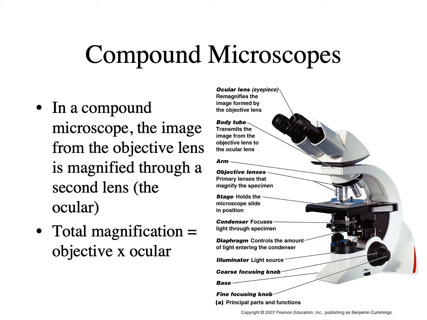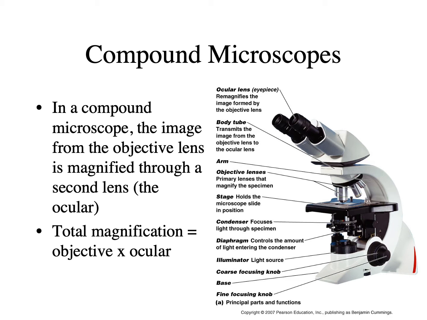Usually those are going to be 4x, 10x, 40x, and 100x lenses. What that means is that it is 4, 10, 40, or 100 times more magnified than you could see with your naked eye. Because there are 2 lenses, you have to multiply those together. It's always good to note what your eyepiece lens is.